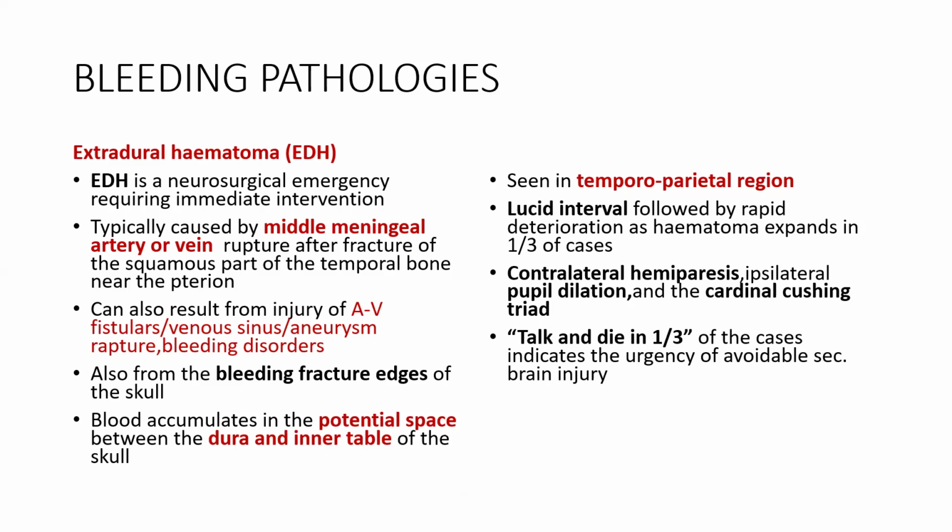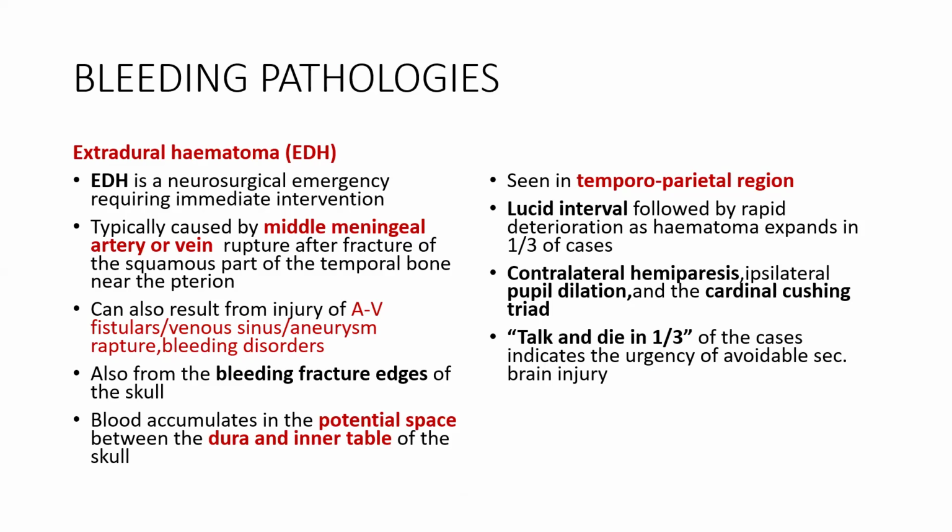So this patient presents with contralateral hemiparesis and ipsilateral pupil dilatation. We saw why the pupil dilates, because of compression of the third cranial nerve, with compression of the parasympathetic leaving you with unopposed sympathetic effect on the pupils.